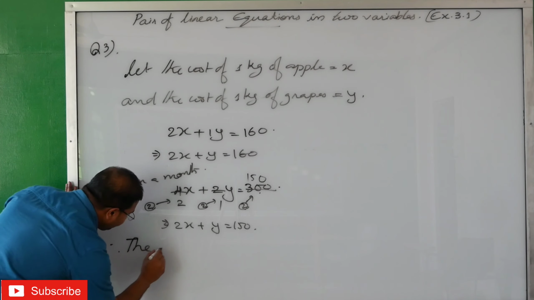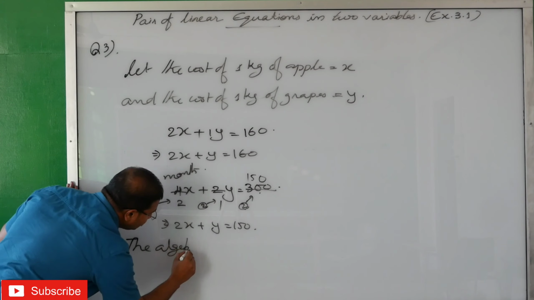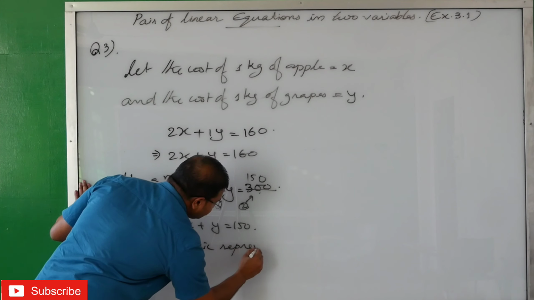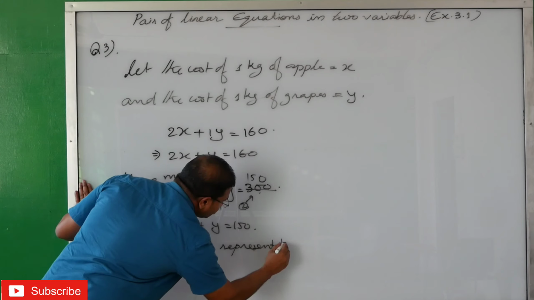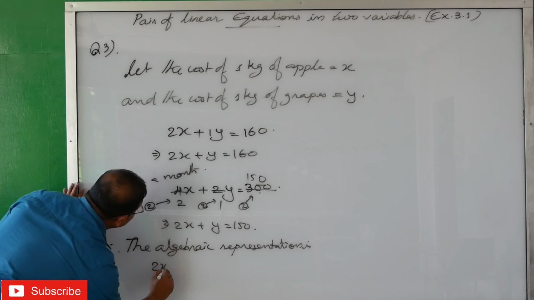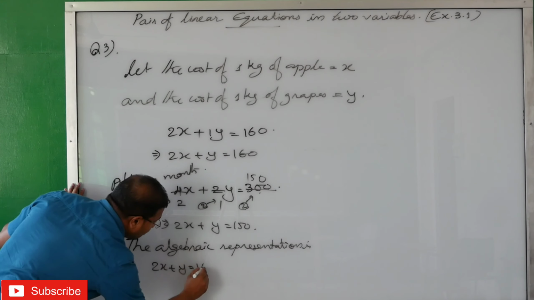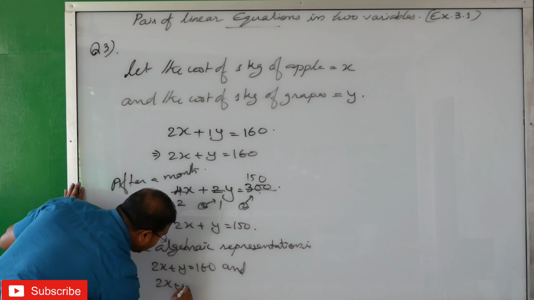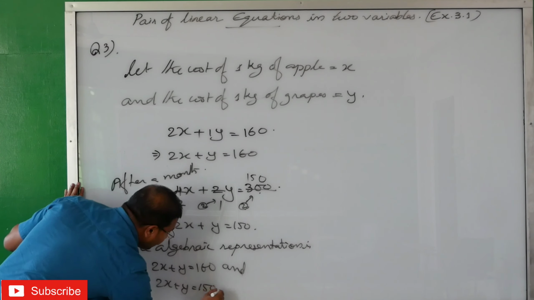Therefore, the algebraic representation is: first one, 2x plus y equals 160, and 2x plus y equals 150. Ready?